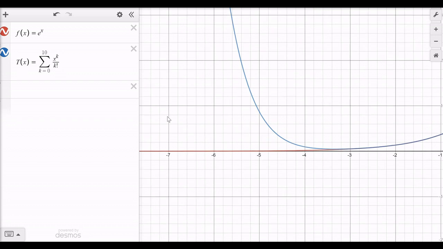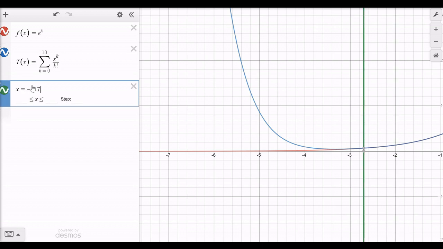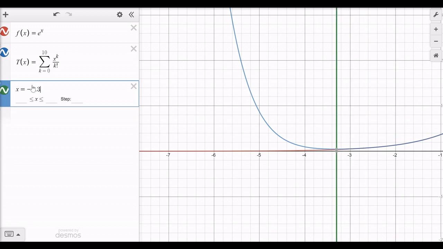So if the left-hand side is the issue here, I'm going to increase n. Where is this almost approximate, like x equals negative 2.7? No, a little bit more. It's 3.2, 3.3. Somewhere around there, you may subjectively think that it's a good approximation.